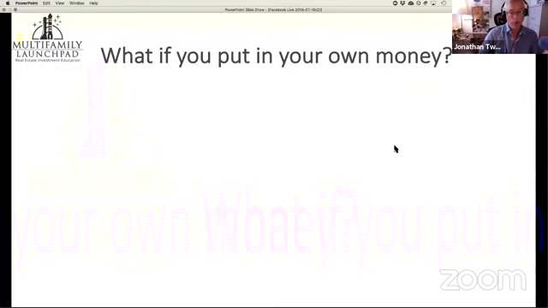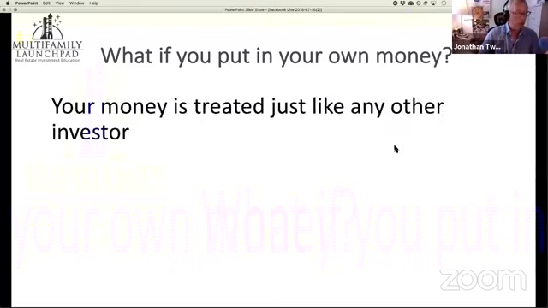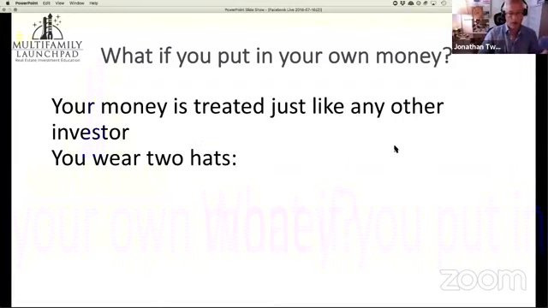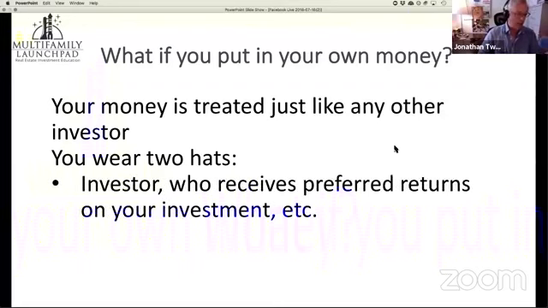Now, what if you put your own money into the deal? How does that factor in? Well, it's actually pretty simple. Your money is just treated like any other investor's money, right? You don't have to worry about trying to figure out what do I do on top of that. You just think of yourself as being in two different capacities. So you're going to wear two hats in this deal, right? One is as the investor, and that money is just like anybody else's money in the deal.